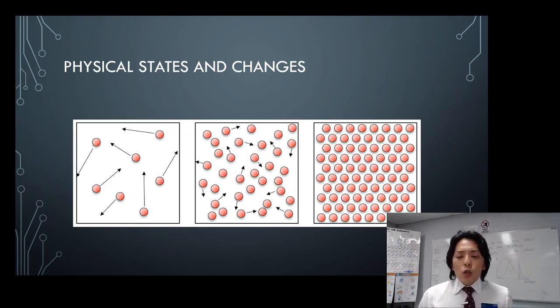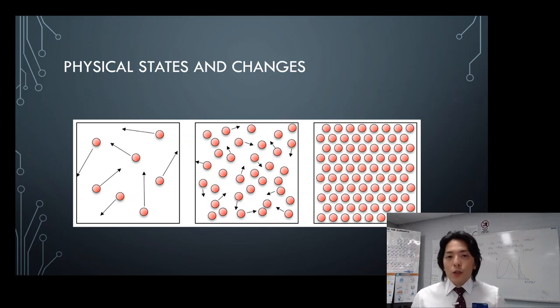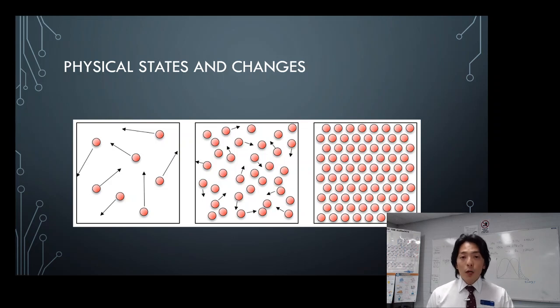What's shown there is the distance of each particle at each state, as well as what sort of interaction is happening in between. On this side, the solid state, particles are close to each other, either a molecule or whatever. They're close to each other because the interaction is very strong.